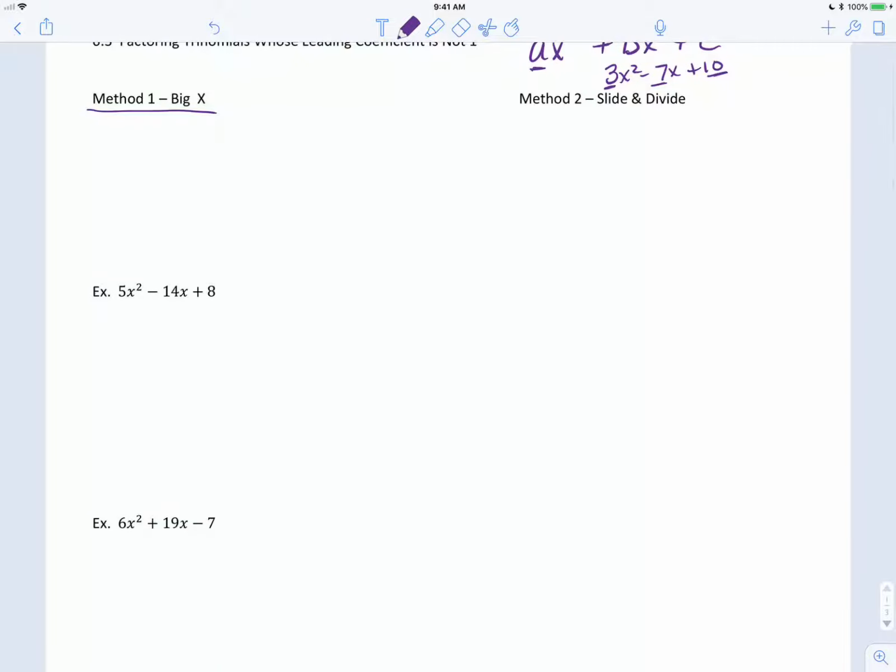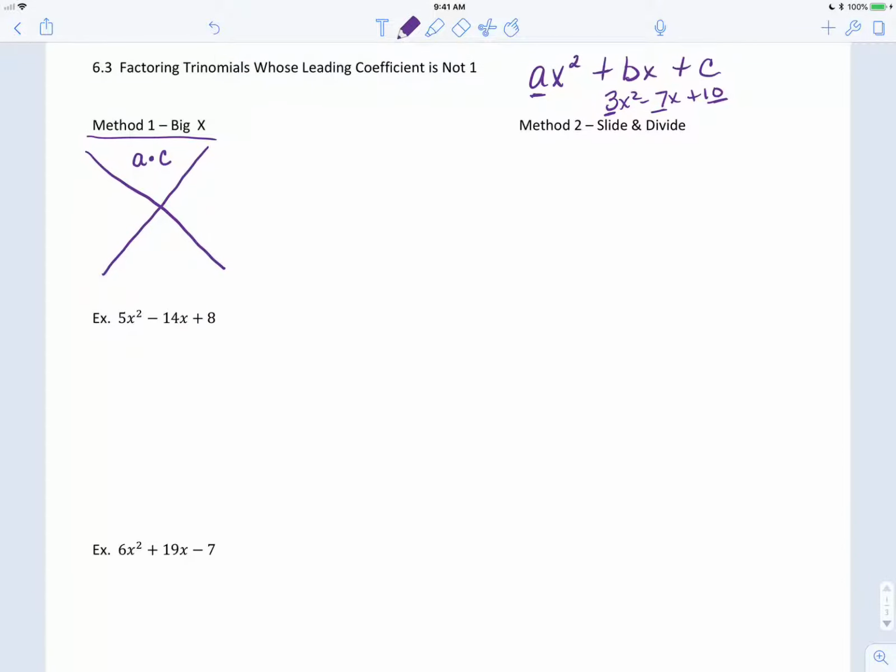So here is the method for your big X method. Literally, we make a big X on your paper. Up here at the top, you're going to put whatever is a times c. So in that case, 3 times 10. Then down in the bottom, you're going to put your b term, so that's where that negative 7 would go.